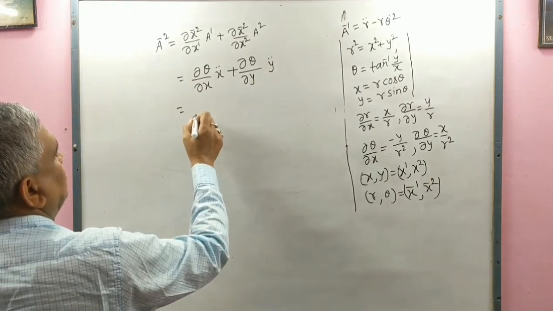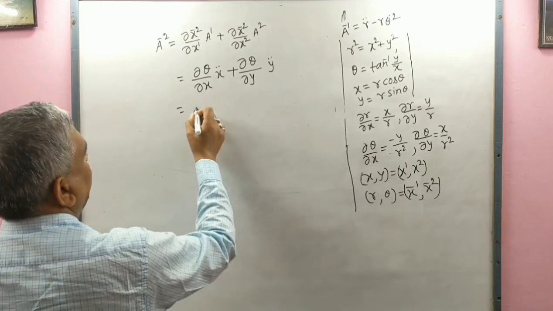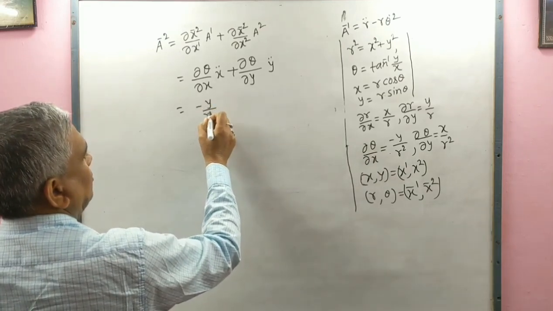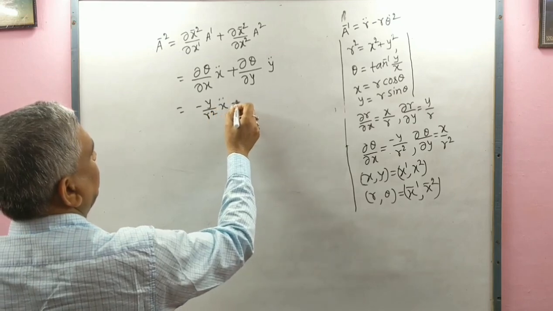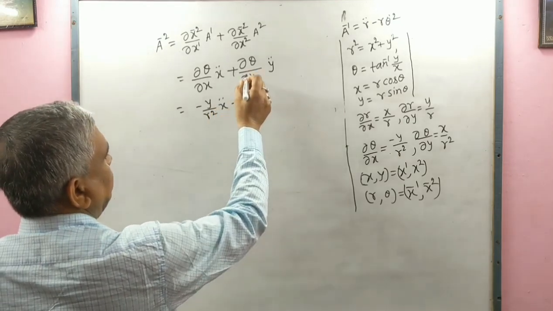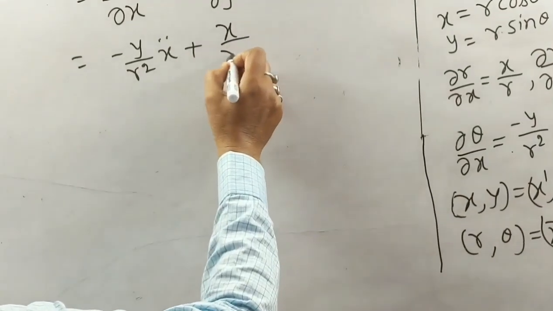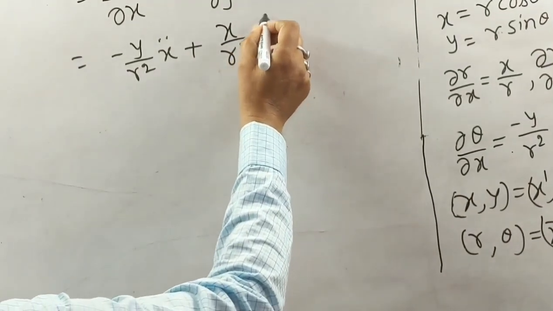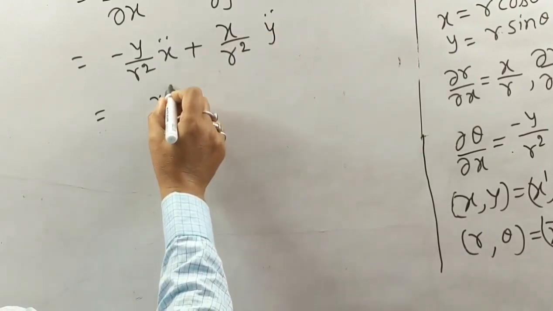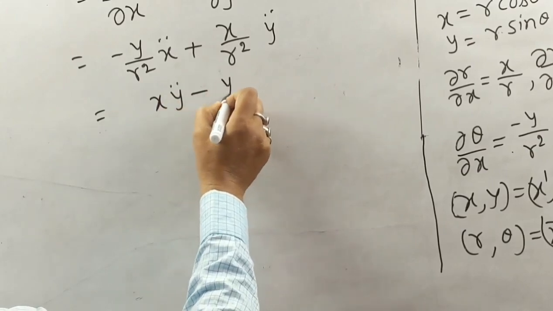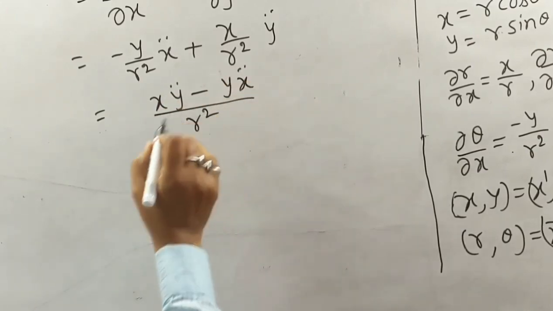And this is del theta by del x is minus y by r square, x double dot plus del theta by del y is x by r square, y double dot equal to x y double dot minus y x double dot by r square.